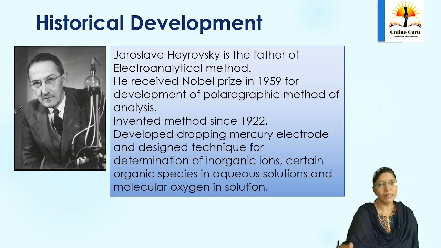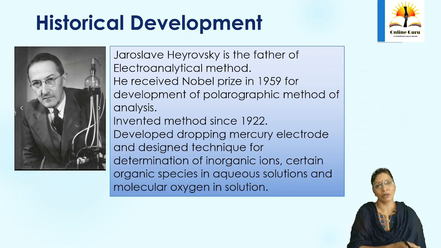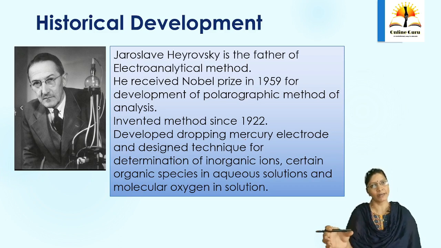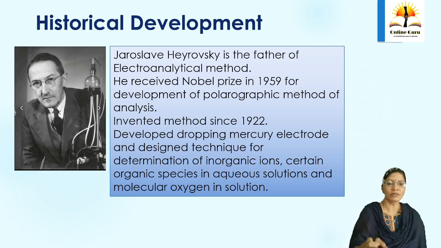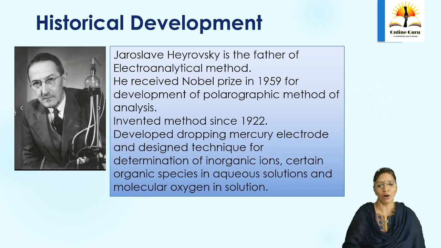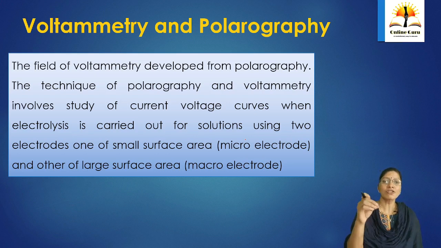So calomel electrode or any other electrode that you might have studied, silver electrode, platinum electrode, or glass electrode, these are non-polarizable electrodes. They come into the class of non-polarizable macro electrodes. Dropping mercury electrode is the electrode system designed by Heyrovsky, and this is the field of polarography, which strictly sticks with the dropping mercury electrode.